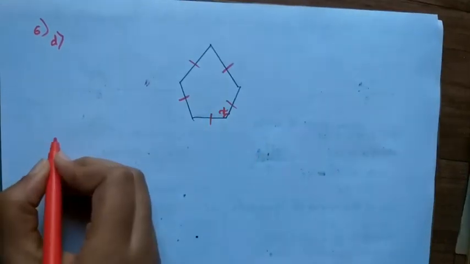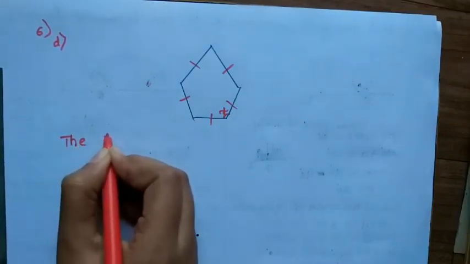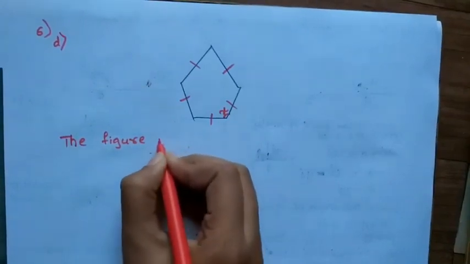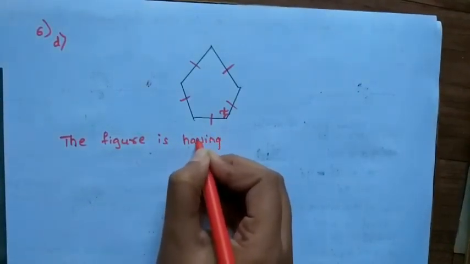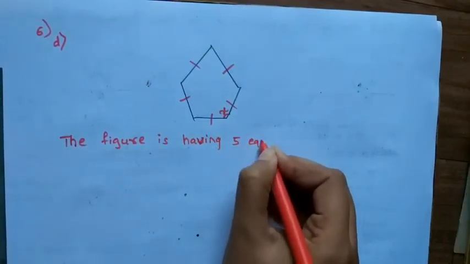So right here, the figure is having 5 equal sides.